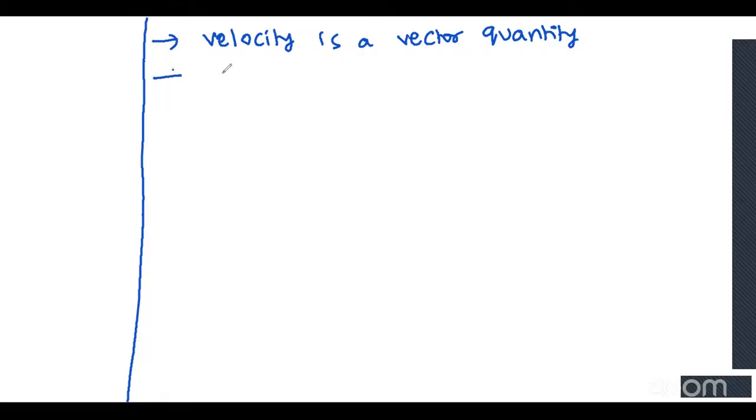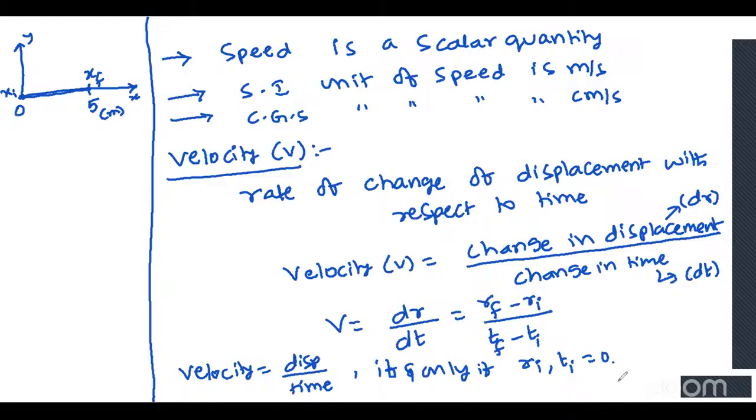The SI unit of velocity is meter per second, because the SI unit of displacement is meter.